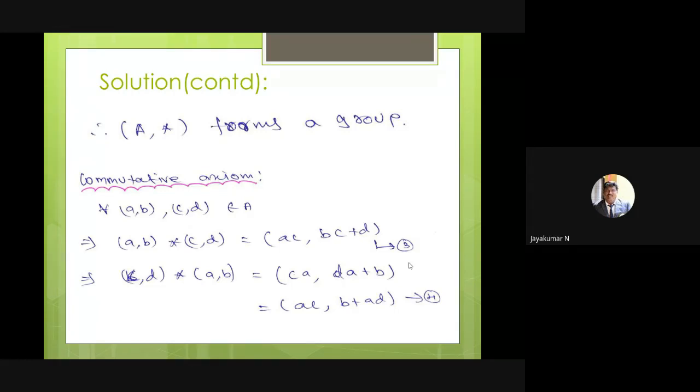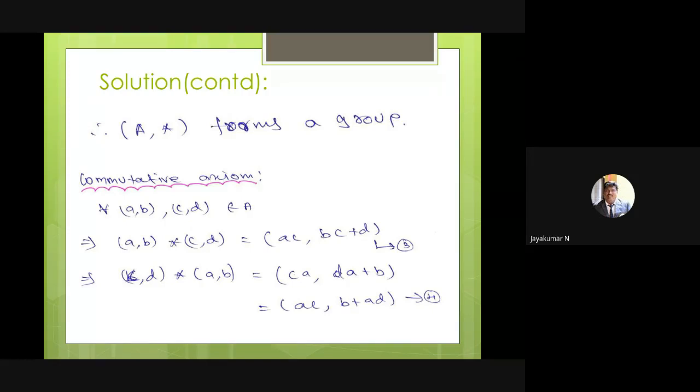From 3 and 4, can you conclude that the commutative axiom is satisfied or not satisfied? Anyone reply to me? Vishal Varshan, Visweswar Raja, Yanugandi Samosai. Tell me, from 3 and 4, is the commutative axiom satisfied or not?